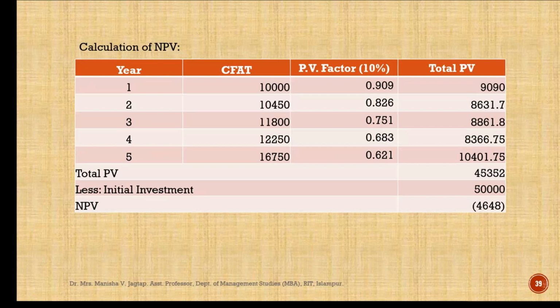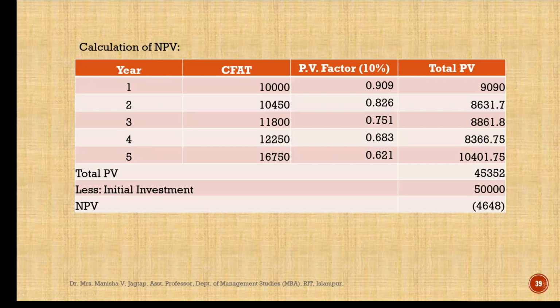You can see here, 50,000 is the initial investment, and from employing that particular project or by purchasing that particular asset, the firm is able to earn only 45,352.